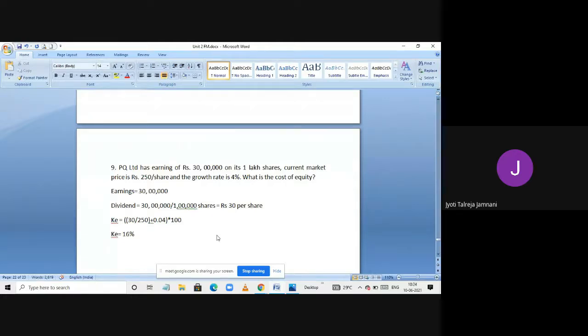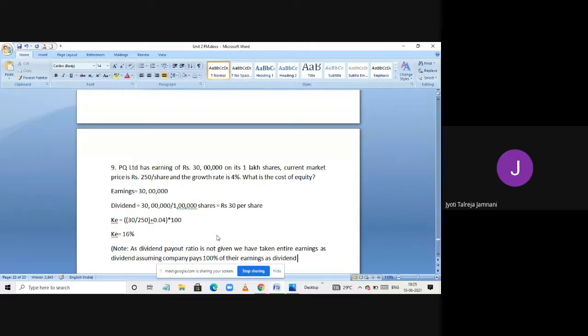If you want, I'll write a note here: as dividend payout ratio is not given, we have taken entire earnings as dividend, assuming company pays 100% of their earnings as dividend.